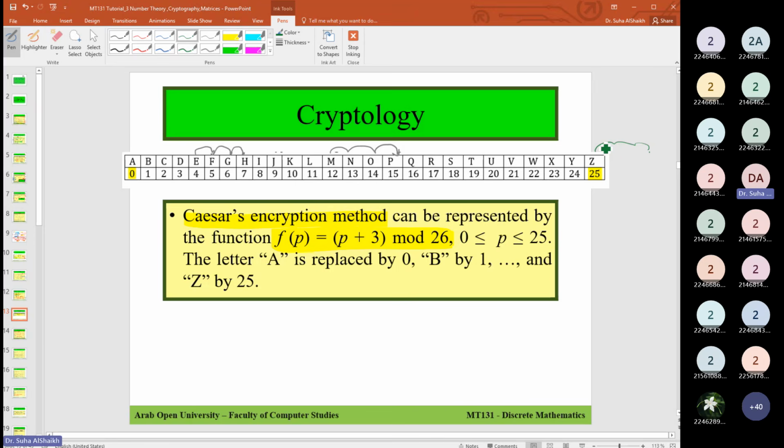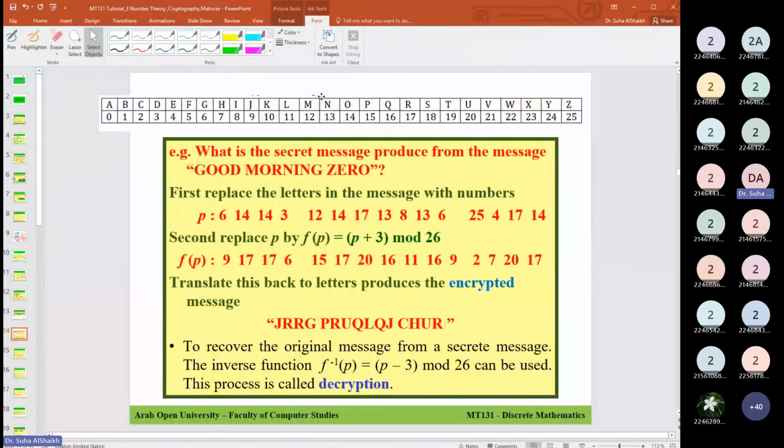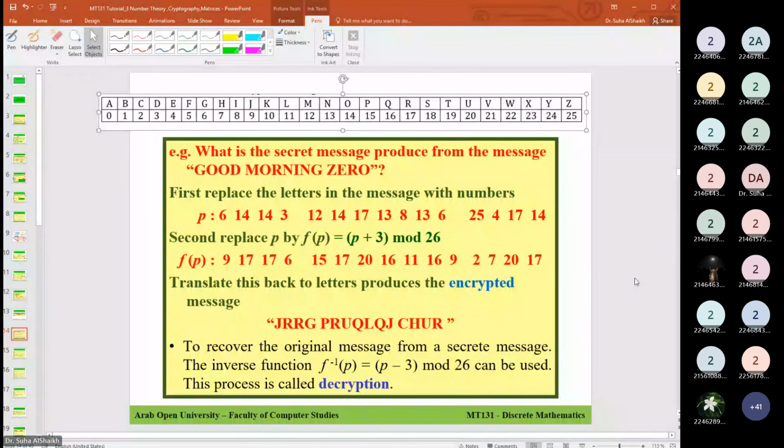So here we have this example. We are having this message. And we want to find the secret message from the message good morning Zero. Okay? The first method, I'm gonna convert each letter into a number. How? From the table. The G, for example, هنا is number 6.